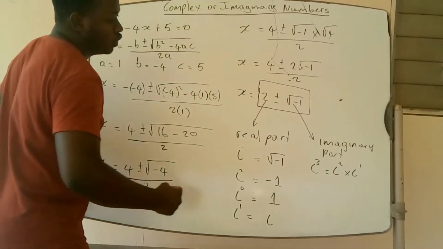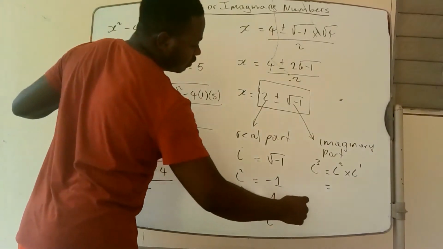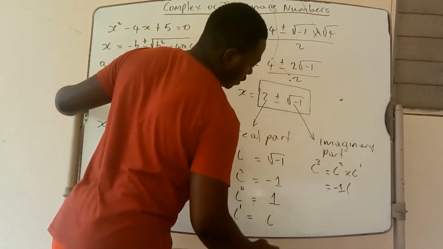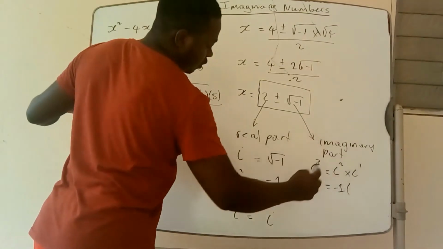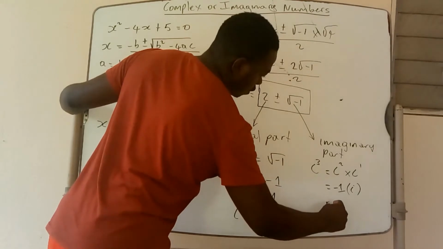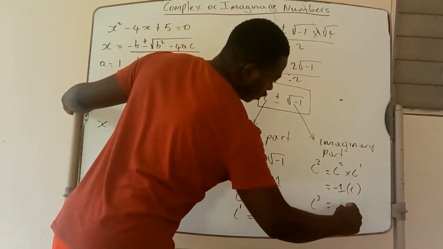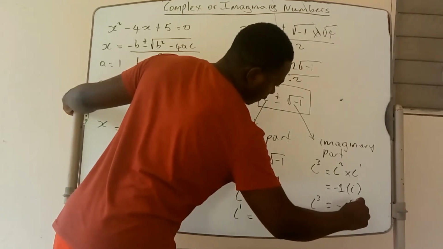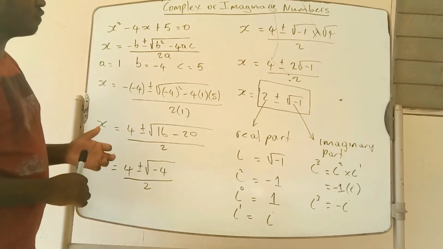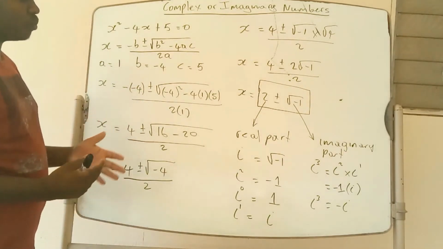Here we know that i squared is just negative 1, so this would be negative 1 times i to the first power, which is just i. So i to the third power is going to equal negative i.